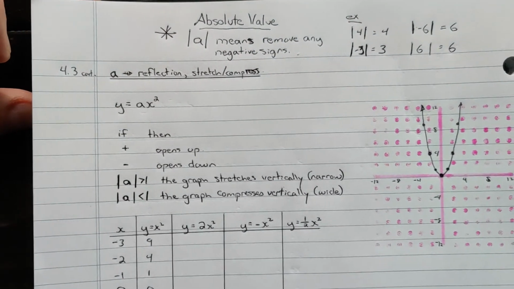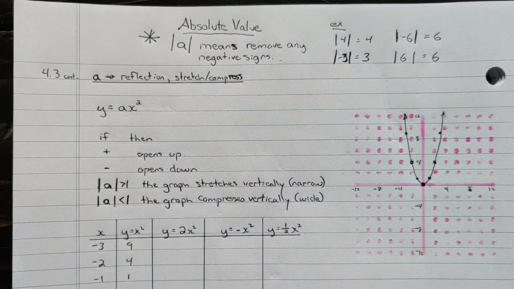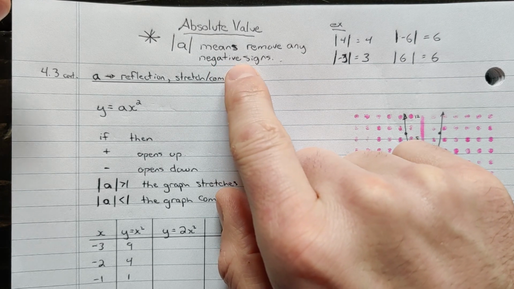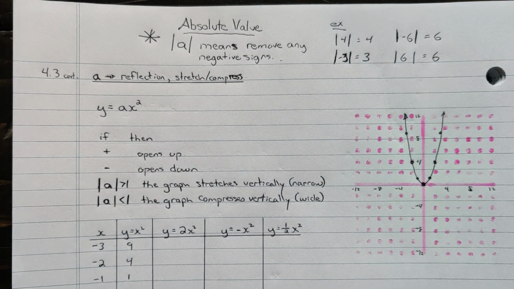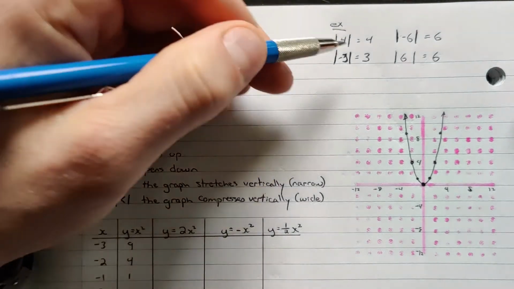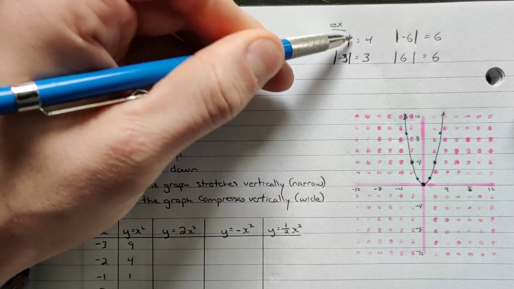So before we do that, just a quick look at the term absolute value. You may or may not have heard this before. Absolute value means basically remove the negative signs that are in or on a number. It's the distance of a number from 0, but you just remove the negative sign. So if I have the absolute value of 4, these are big long bars around it.